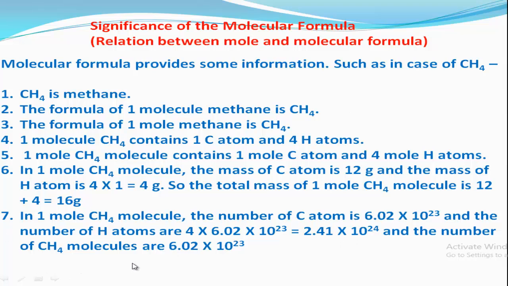And the number of methane molecules is only Avogadro's number, because 1 mole methane contains Avogadro's number of molecules. I hope you can clearly understand. So this way we can write the significance of any formula.